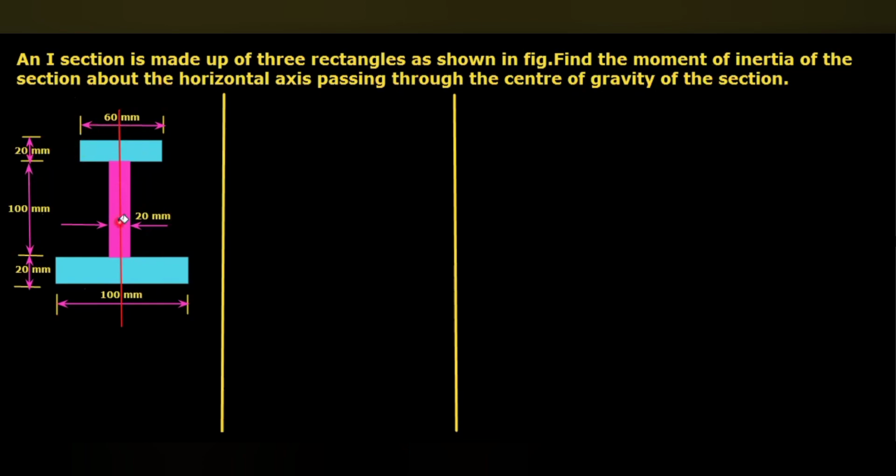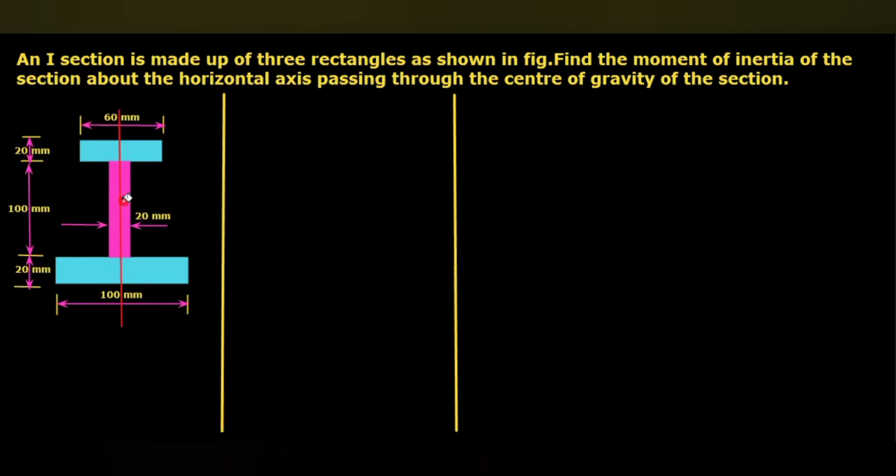It consists of three rectangles. And here we are going to calculate the moment of inertia with respect to the horizontal, that means we can say the x axis, which passes through the center of gravity of the I section.